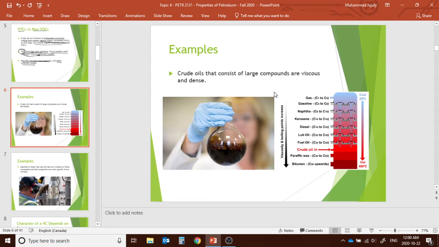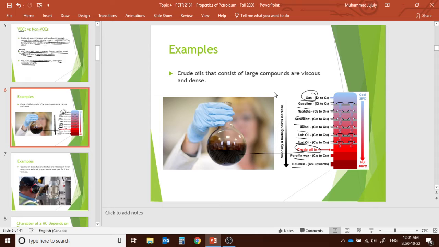Crude oil, as I said, has large components. So what components can crude oil have? This is an example, a fractional distillation column, and from there we can imagine the types of compounds we have.